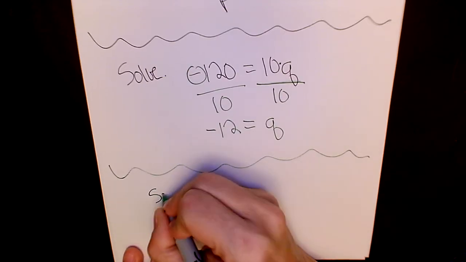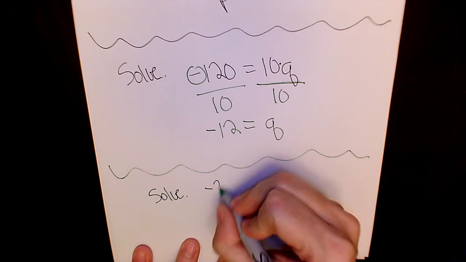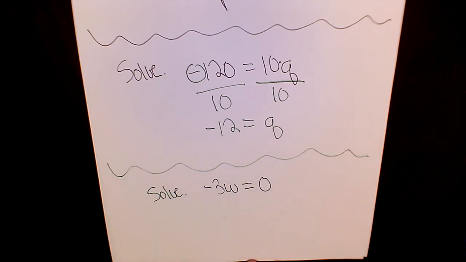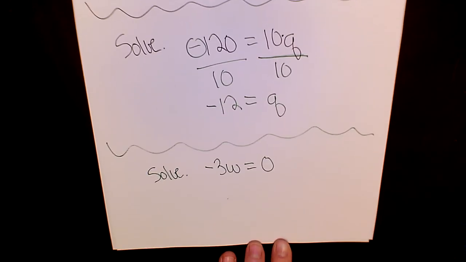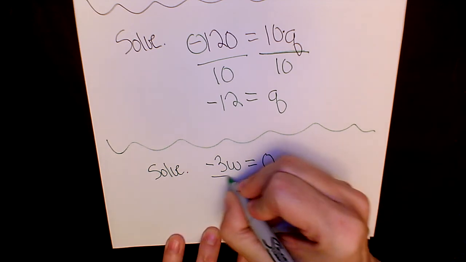Okay, I've got one more of these. What happens when I have 0 in here? Okay, well, -3 times some number w. So -3 times something, what does that w have to be to give me 0? I'm going to do the same thing.